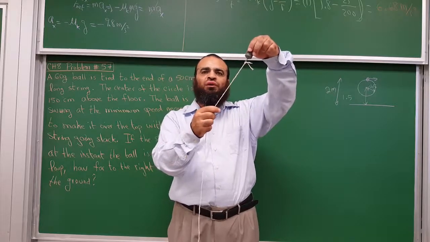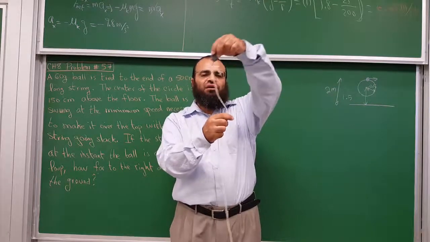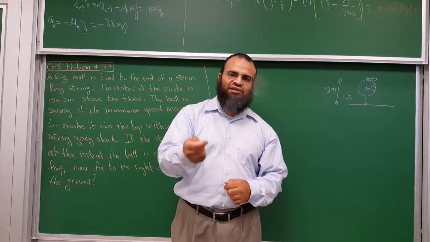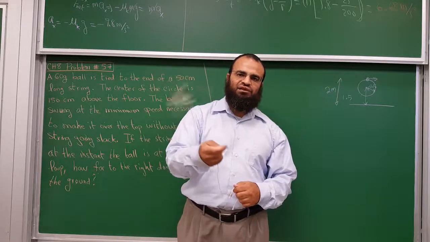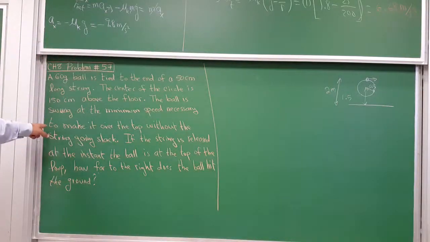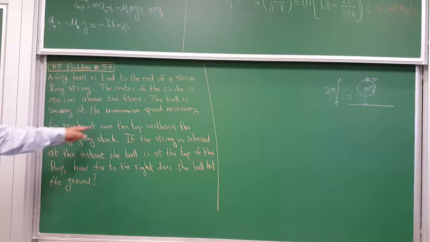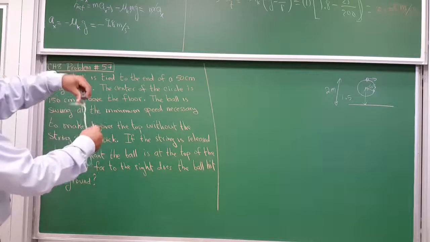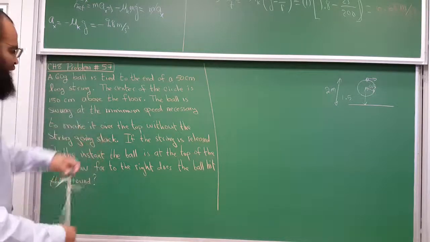Let's say 0.00001 newtons, very close to zero. So you time it, and it's almost falling. So it has the minimum speed to make it to the top without the string going slack, right? So it goes to the top, but without the string just getting loose and falling on your hand.